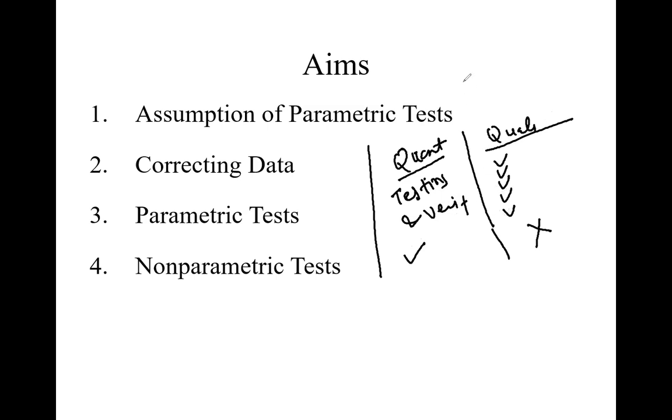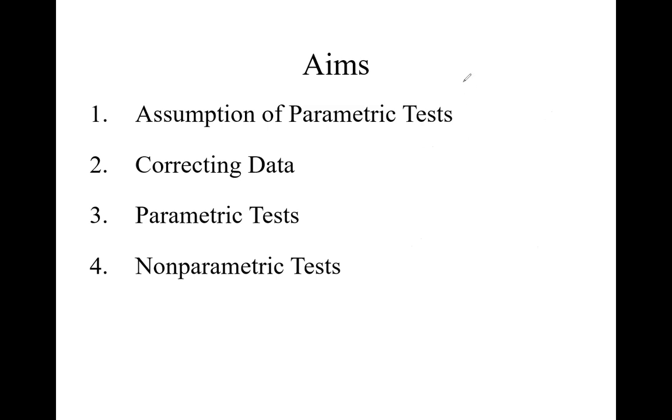Quantitative research can be analyzed by using a univariate technique, second, bivariate technique, and third, multivariate technique.